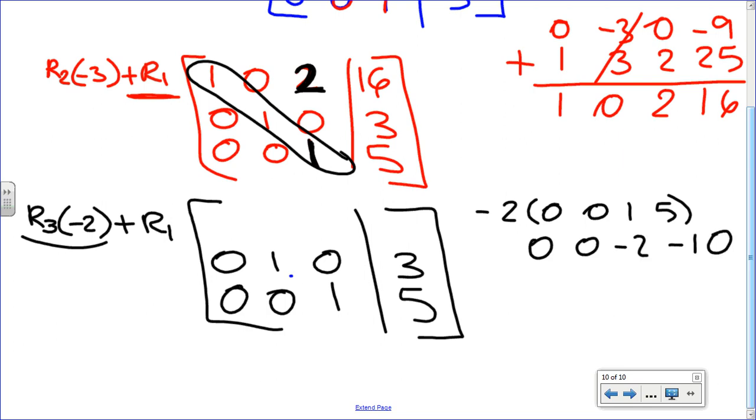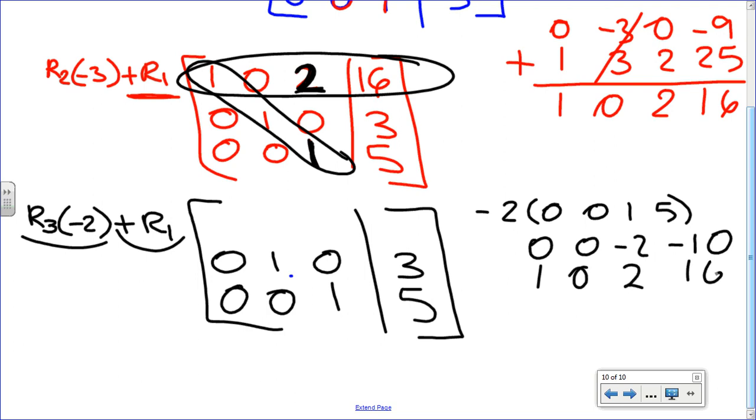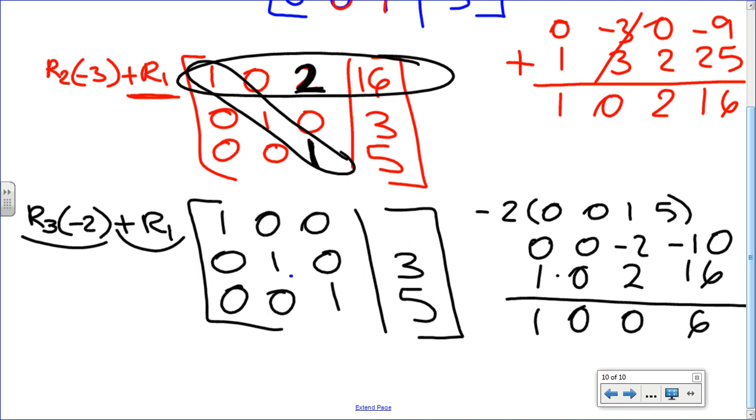Then I add R1, which is 1, 0, 2, 16. 0 plus 1 is 1, 0 plus 0 is 0, -2 plus 2 is 0, -10 plus 16 is 6. So 1, 0, 0, 6.